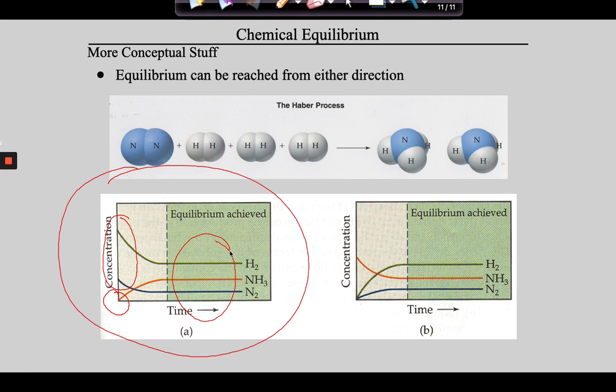Well, guys, how is the trial on the right different? It's the reverse. Here, we started with no reactant and all product. But guys, you'll notice they come to exactly the same equilibrium concentrations. It does not matter what direction we come at these things. We always end up at the same ratios.